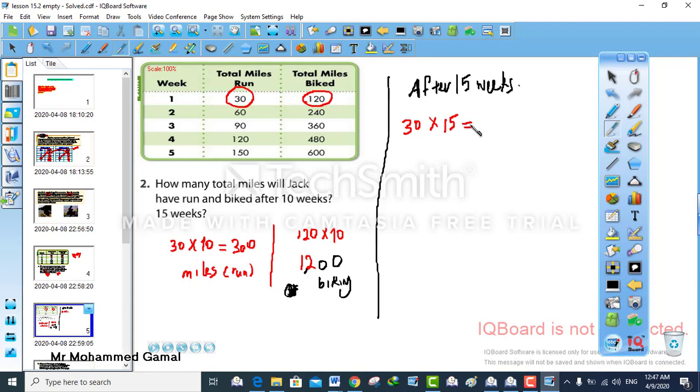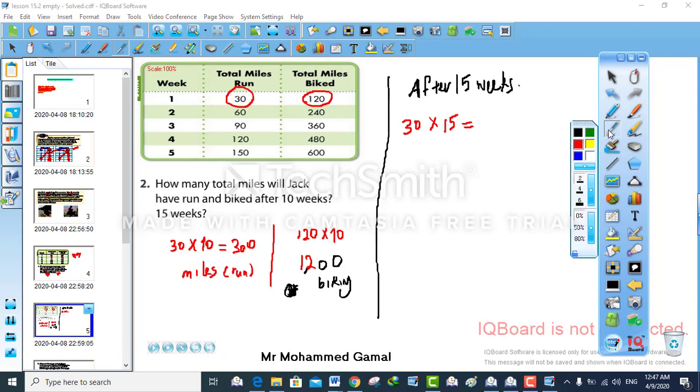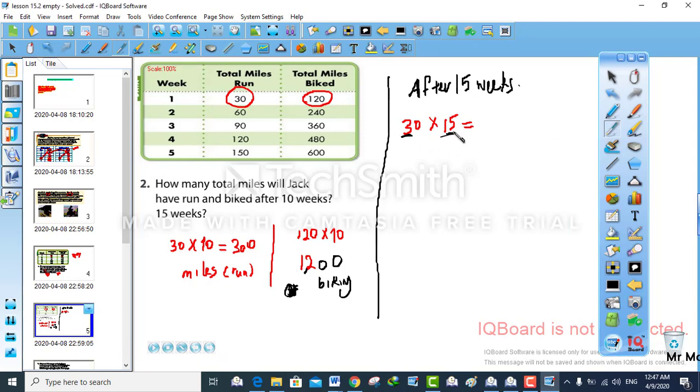It's going to be like 3 multiplied by 15. 15 3 times will give you 45. Then put down this 0. 450 miles. This is for running.